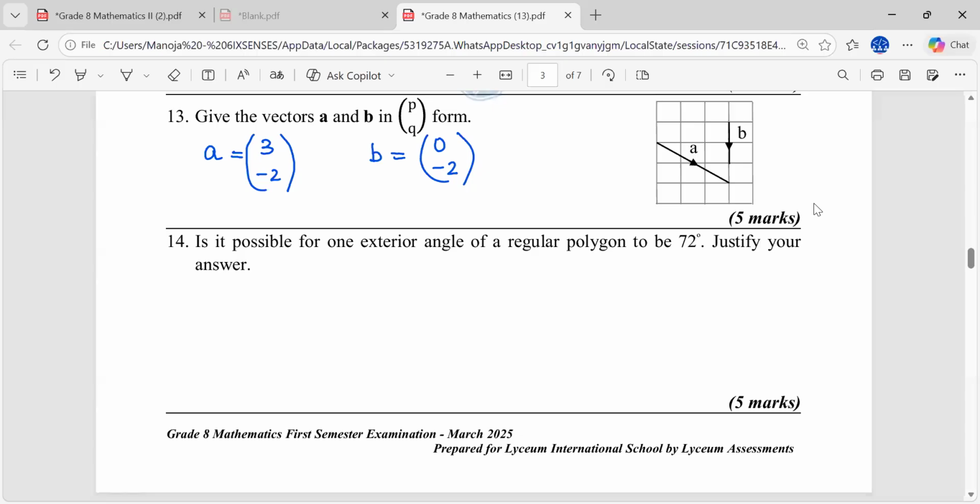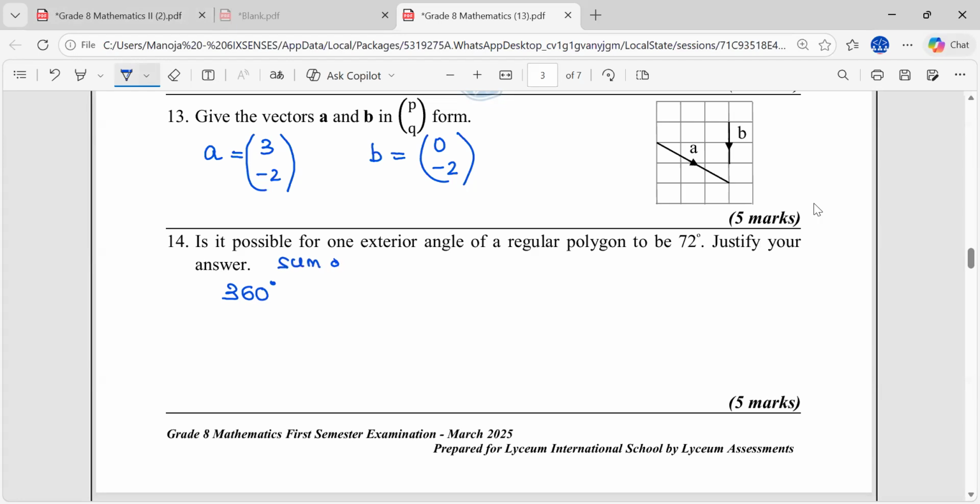Is it possible for one exterior angle of a regular polygon to be 72? We know the sum of the exterior angles adds up to 360, right?